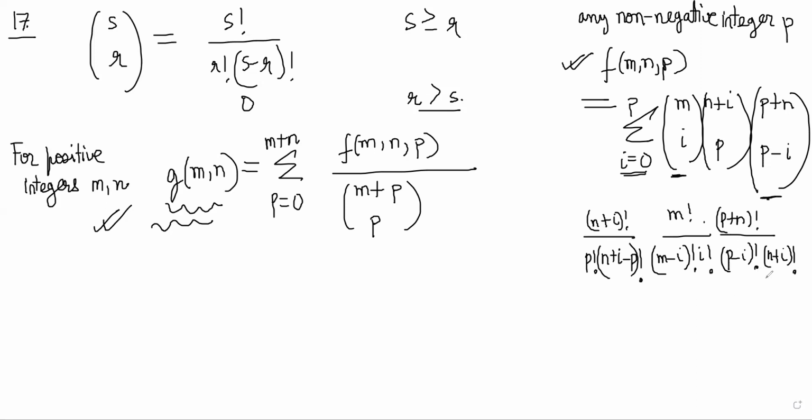So first of all, I'll cancel N plus I factorial in this, and N plus I minus P is there and P minus I is there. Can you see this adds to N? N plus I minus P plus P minus I, it adds to N, no?